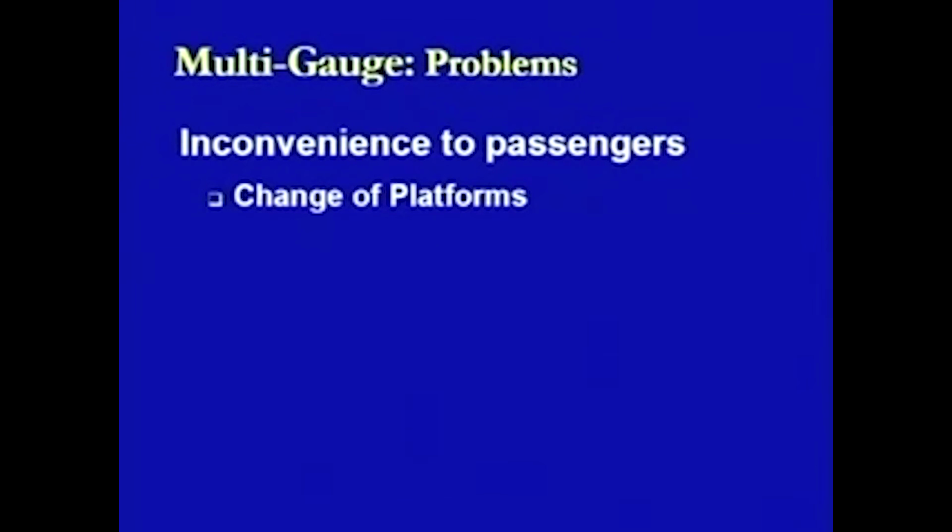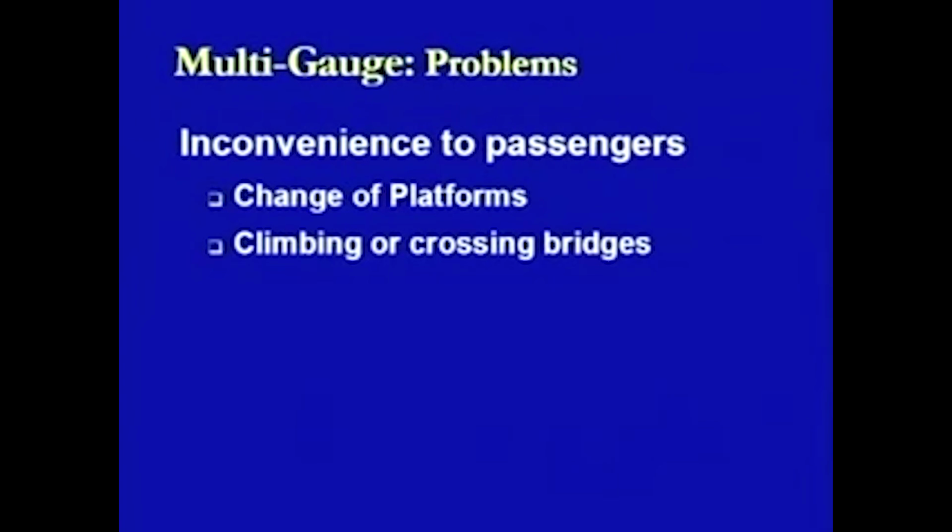So if you are coming by a broad gauge train and you have to take a narrow gauge train or a meter gauge train, you have to go to some other platform. A change of platform is necessary. So you have to take everything with you and move towards that side. That means either you have to cross the bridges or climb the bridges. That's another problem associated with the change in the gauge.